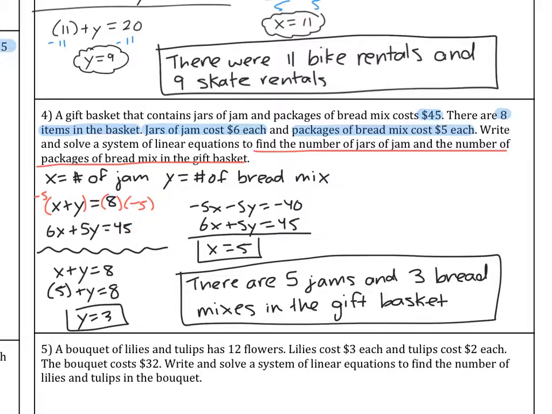And then I decided to use elimination, so I multiplied the top equation by -5, leaving me with this, and then I added vertically, x equals 5, and then I substituted into the first equation, y equals 3, and then using my defined variables, I could see that there are 5 jams and 3 bread mixes in the gift basket.